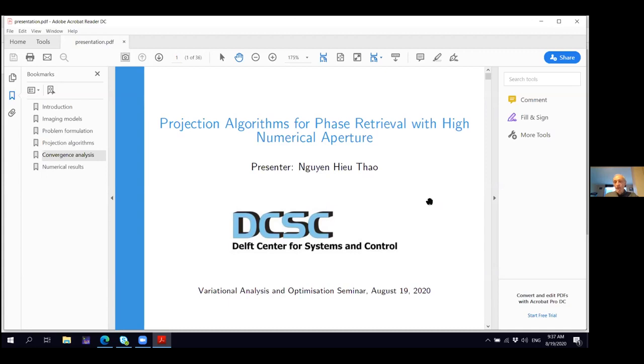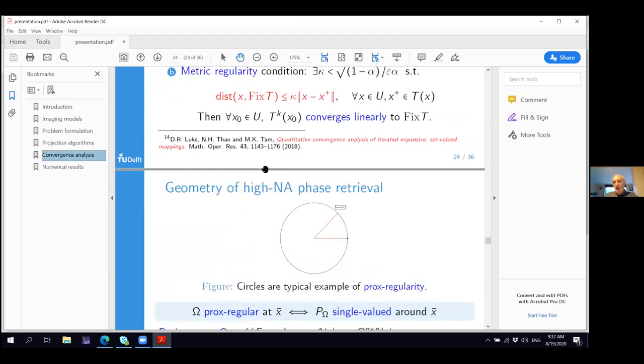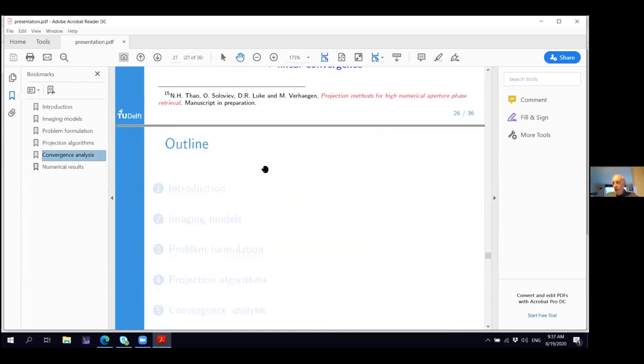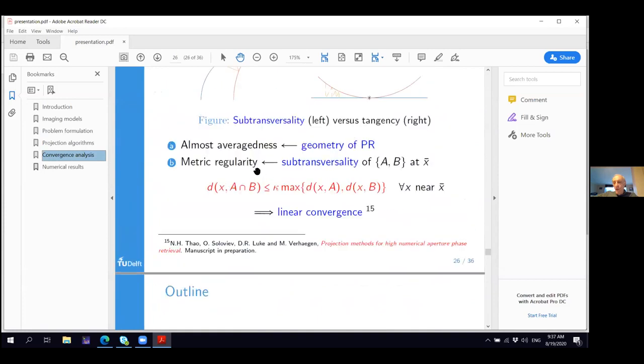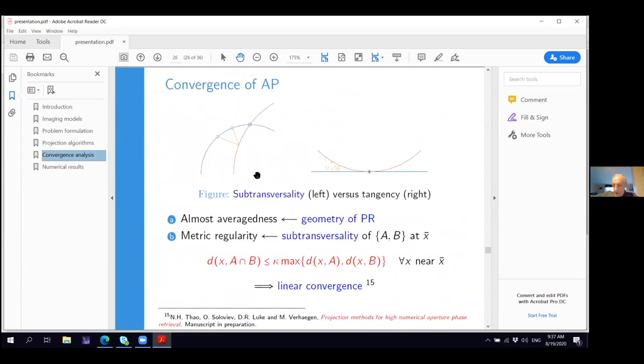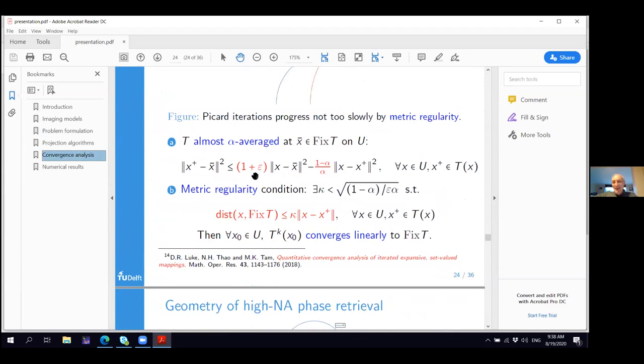So you are using, of course, subtransversality as a condition ensuring linear convergence. On the other hand, on another slide, you talked about metric regularity. You are looking actually at this slide number 26 to simplify your life.